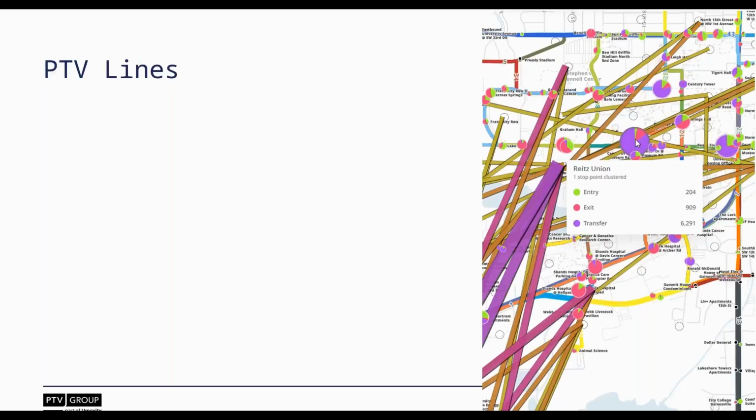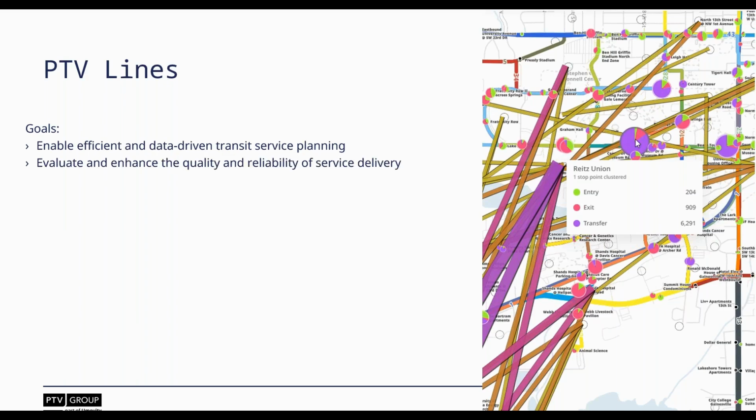All right, so PTV Lines, what is it again? The goal for the tool, the platform we have, is to enable efficient and data-driven transit service planning. You can evaluate the quality of the services you have designed, and then show the insights to decision makers, for the fundings, and also to the stakeholders, and discuss the design that you have done.